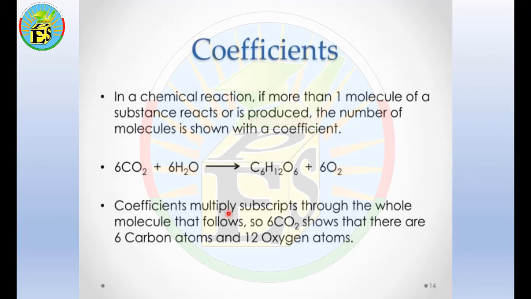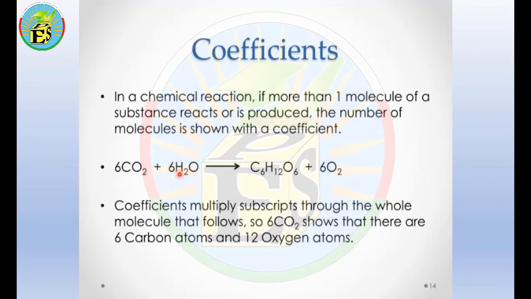The coefficient multiplies the subscripts through the whole molecule that follows. So 6 CO2 shows that there are 6 carbon atoms and 12 oxygen atoms. The number of oxygen atoms here: 2 multiplied by 6 equals 12 oxygen, and for O, 1 multiplied by 6 gives 6 atoms of oxygen, and 2 multiplied by 6 gives 12 atoms of hydrogen.